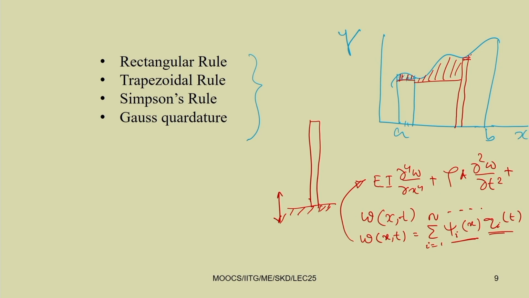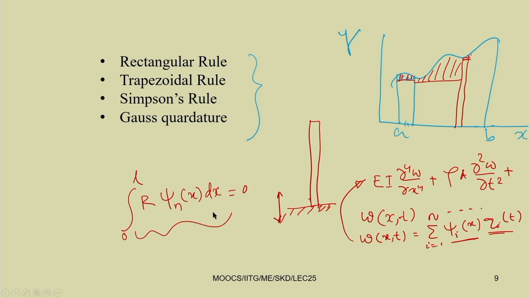So there will be some residue when we substitute this W x t in the original equation. To minimize that residue, we usually integrate this residue over the length of the beam, multiplying by psi n x dx. We integrate and make it equal to 0.